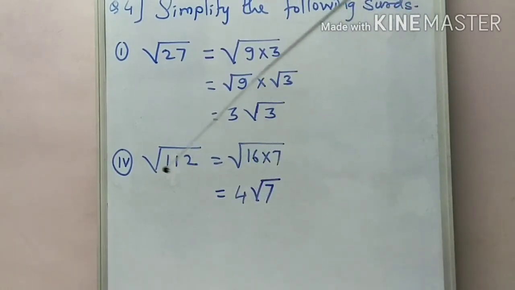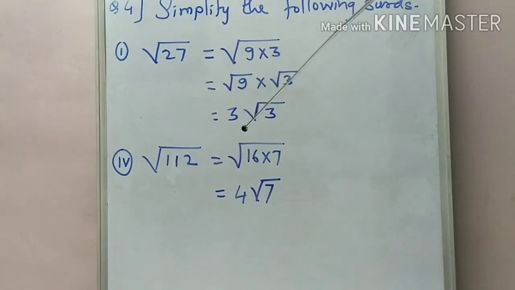The given surd is root 112, and its simplest form is 4 root 7. We factorize 112 in such a way that the maximum perfect square number we get is 16. 16 sevens are 112, so taking the square root of 16 outside gives 4 root 7, the answer for a 1 mark question that the example asked in exam.